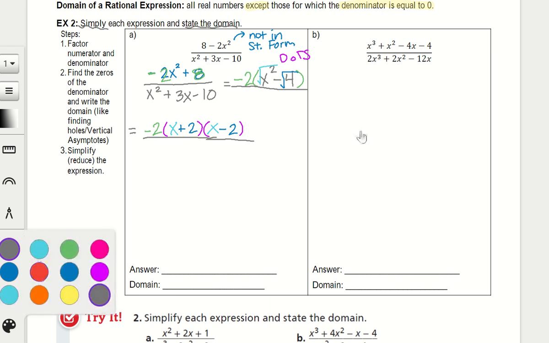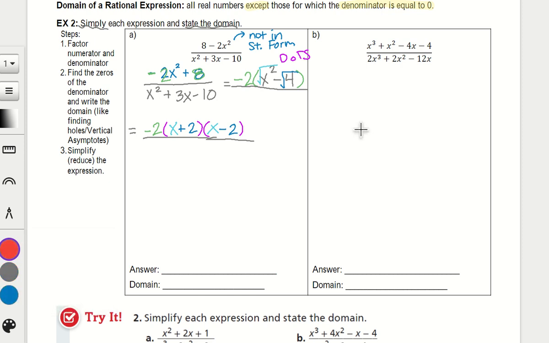So when I have 3 terms, I want to do a product sum. So if I'm looking at this, my a value is 1, my b is 3, and my c is negative 10. Okay, so for this product sum, I'm going to write this over here. I'm looking for 2 numbers that multiply to 1 times negative 10.